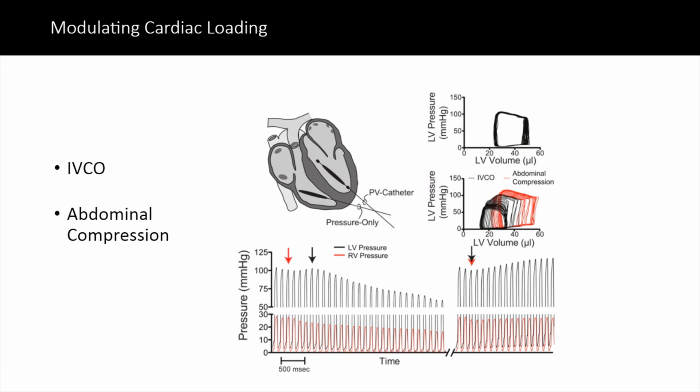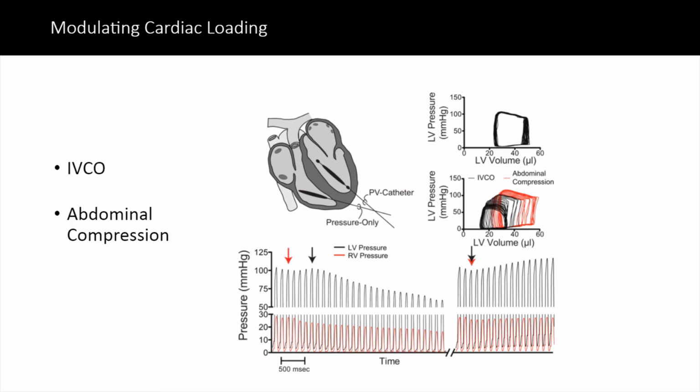And you can see that when we do the IVC occlusion, right around the beginning of this red arrow, it starts to drop in the right ventricle almost immediately, which makes sense, right? Because that's where the blood is returning to. And there's a little bit of delay, and then you'll start seeing this decline in the left ventricle. So by looking at this, you can get a sense where there's 4 or 5 beats between when you occlude the IVC to when you start seeing this decline.